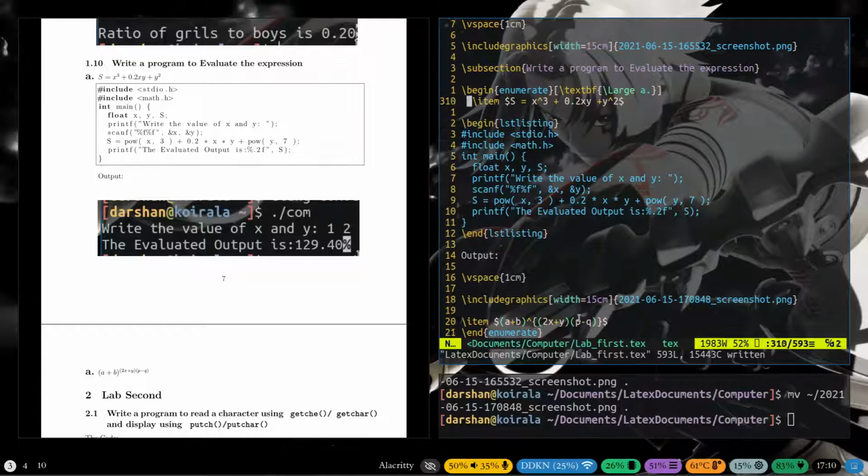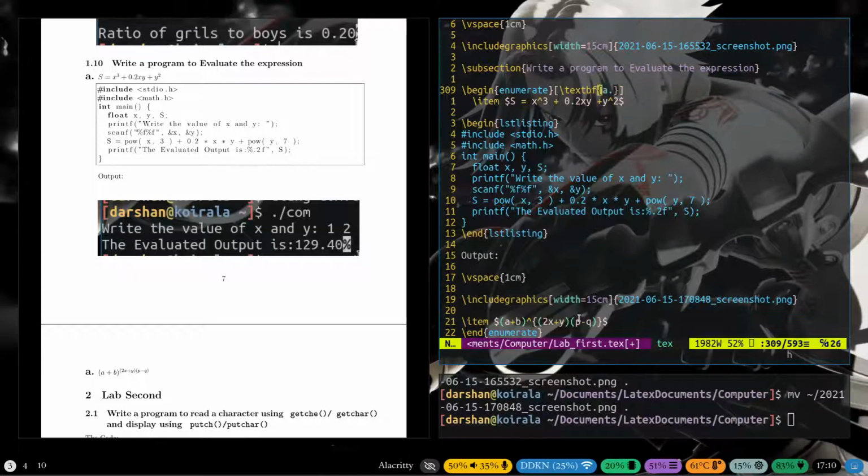Wait the heck, man. What is happening? It is not enumeration. I think there was something that I didn't know about this package. But it's still like that, man.